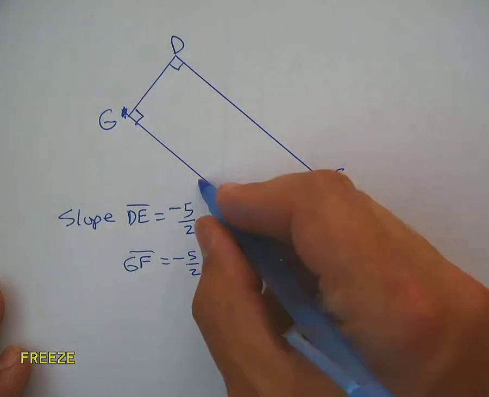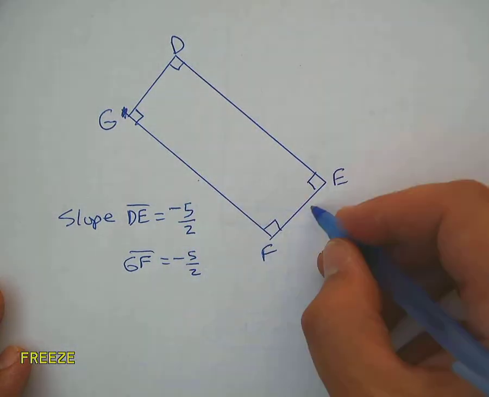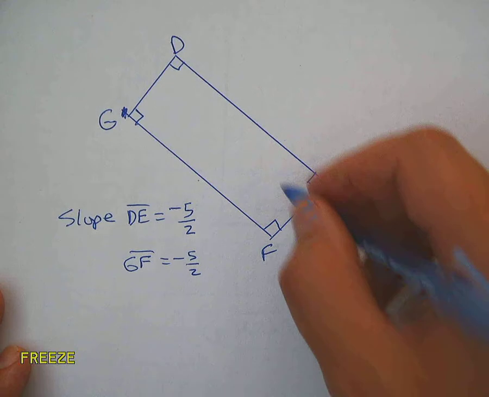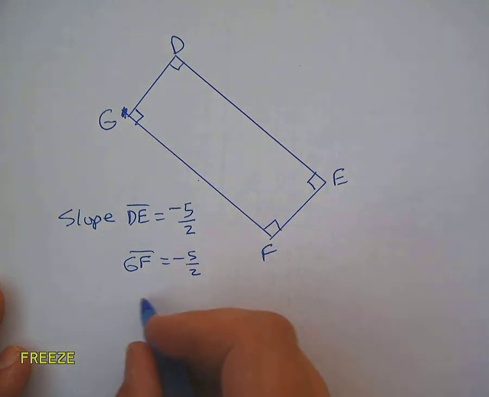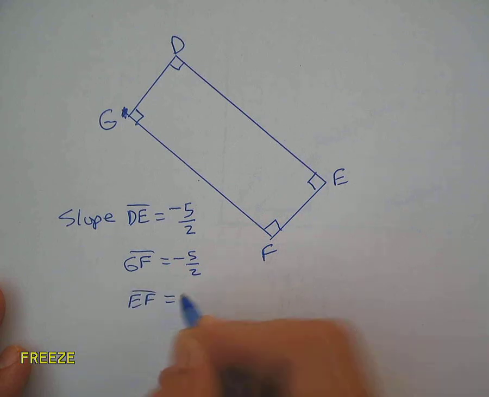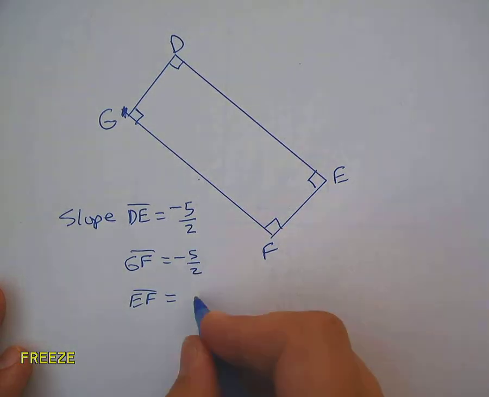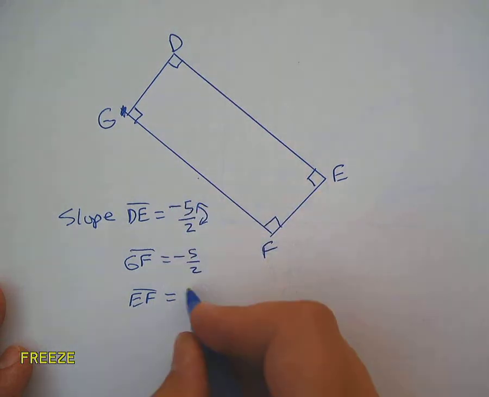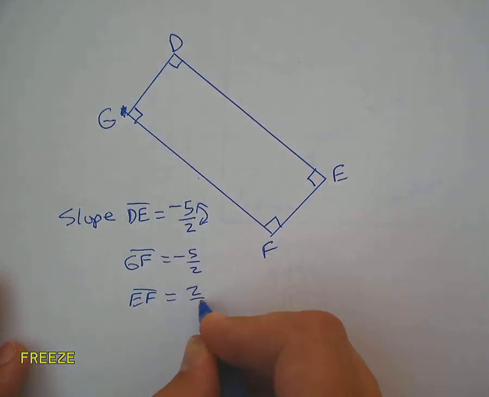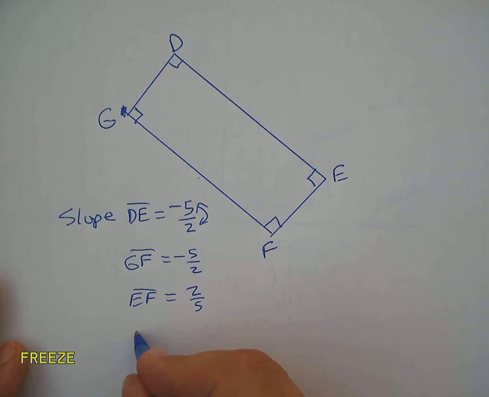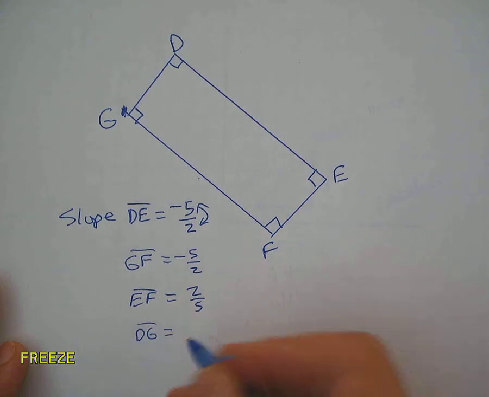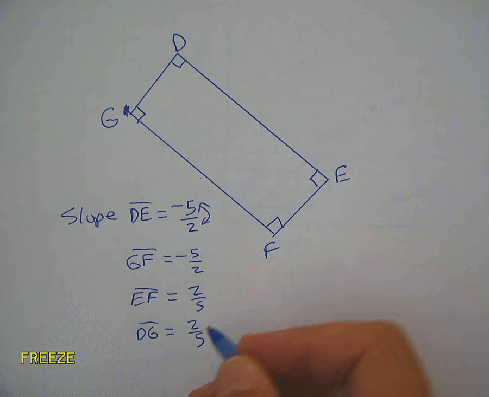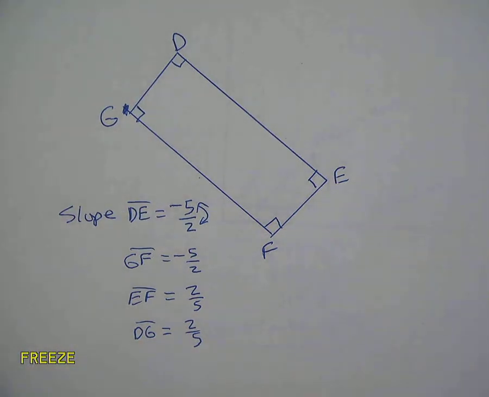They're going to be the same because these are parallel to each other. But since these are perpendicular, they're opposite reciprocal slopes. So the slope of EF is going to be the opposite reciprocal, so flip these and make it the opposite sign, so take away the negatives. So it's 2 over 5. And the slope of DG is also going to be 2 over 5. So make sure you know that stuff.